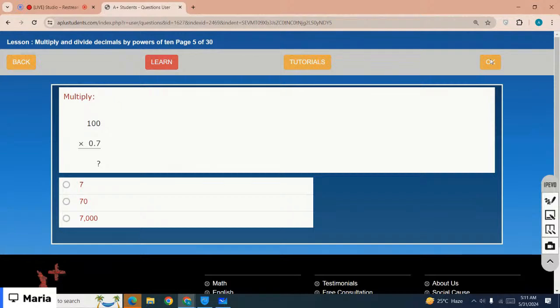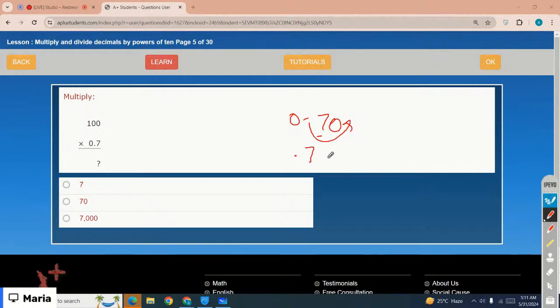You need to move the decimal point one position right. Sorry, two positions because 100 has two zeros. So you need to move two positions right. So 0.7, you have only one digit. So you need to add an extra zero. You need to move the decimal point from here to here. So yes, that is 70. Option number 2 is the correct option. 70 it is. Very good.